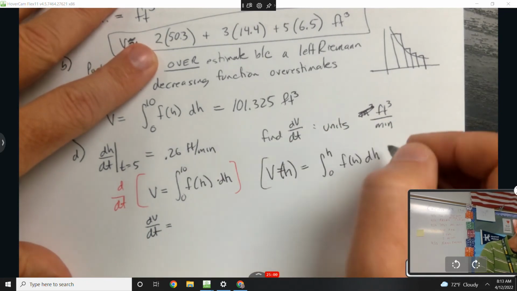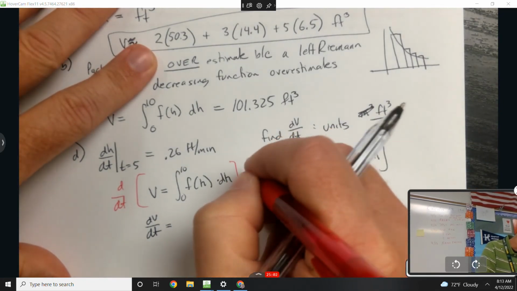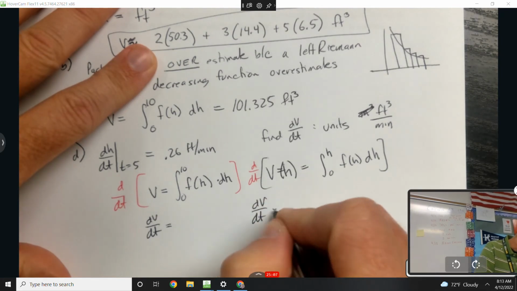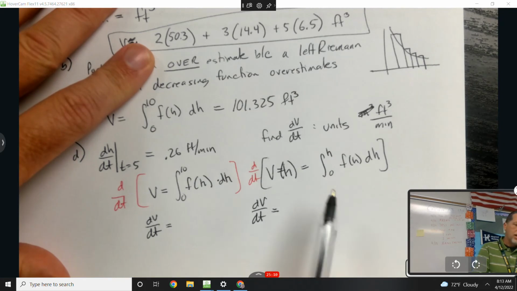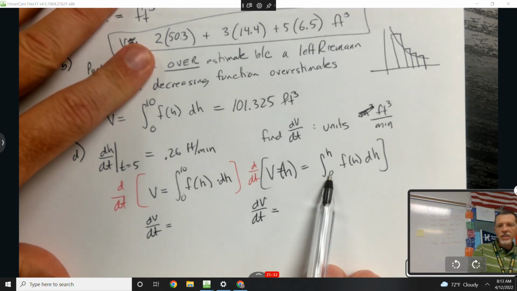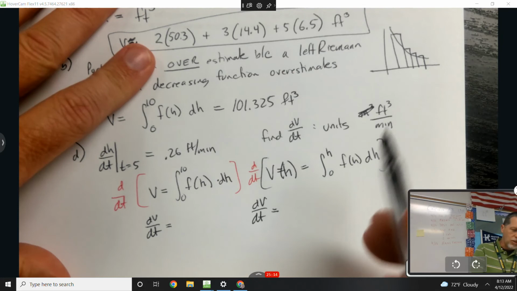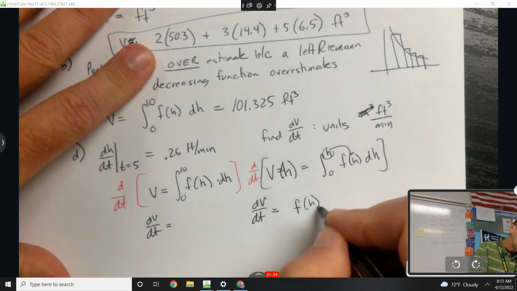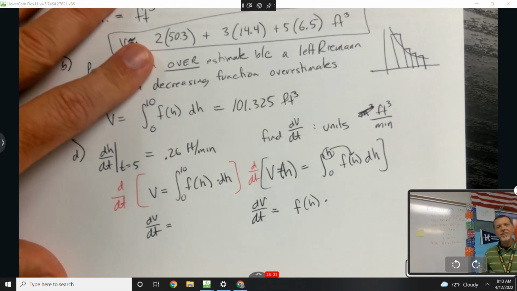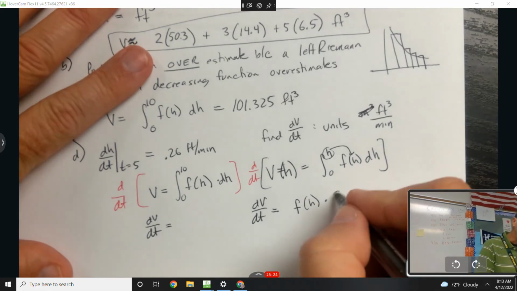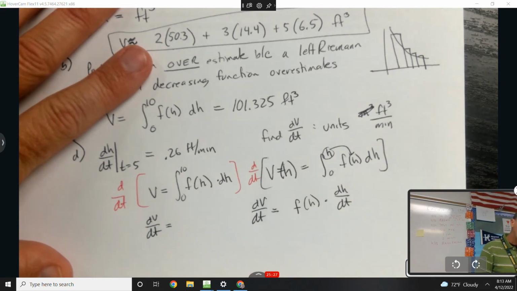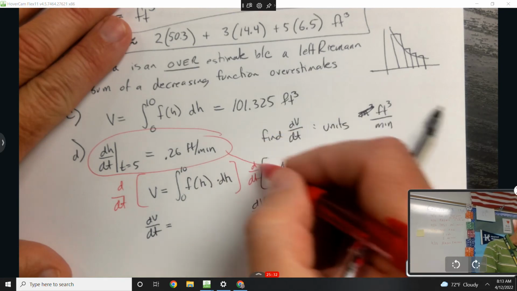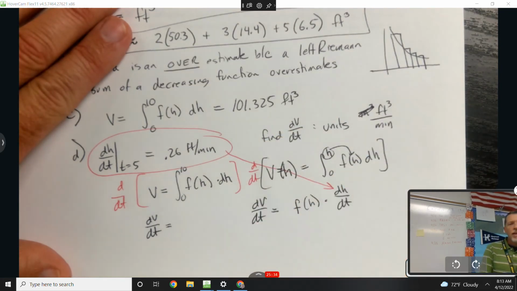So now I can take the derivative of both sides. So dV/dt. The derivative of an integral, it's just right back to the function. Plug in the top value. But then what else? Chain rule, I need to multiply by the derivative of the top value. And now I see why they gave me this value at 5. I can just plug that in.